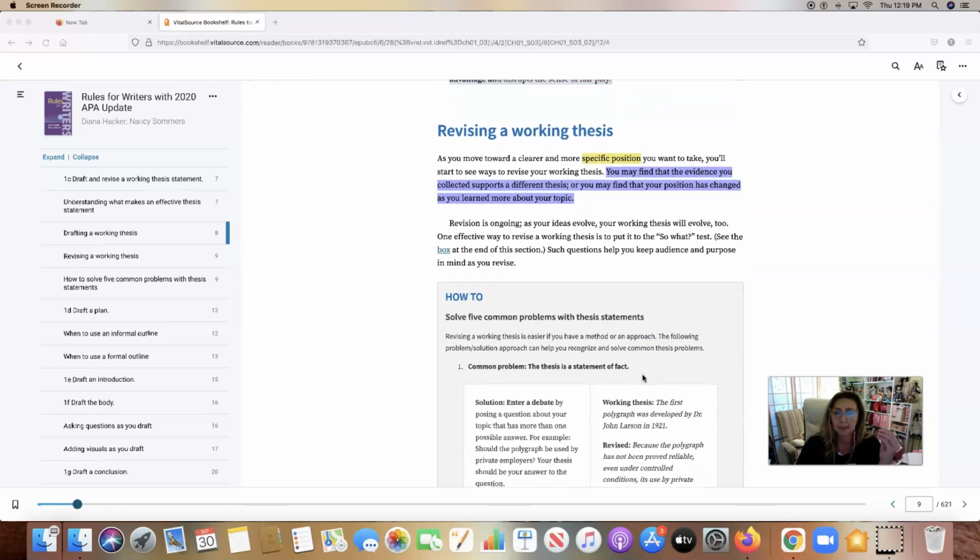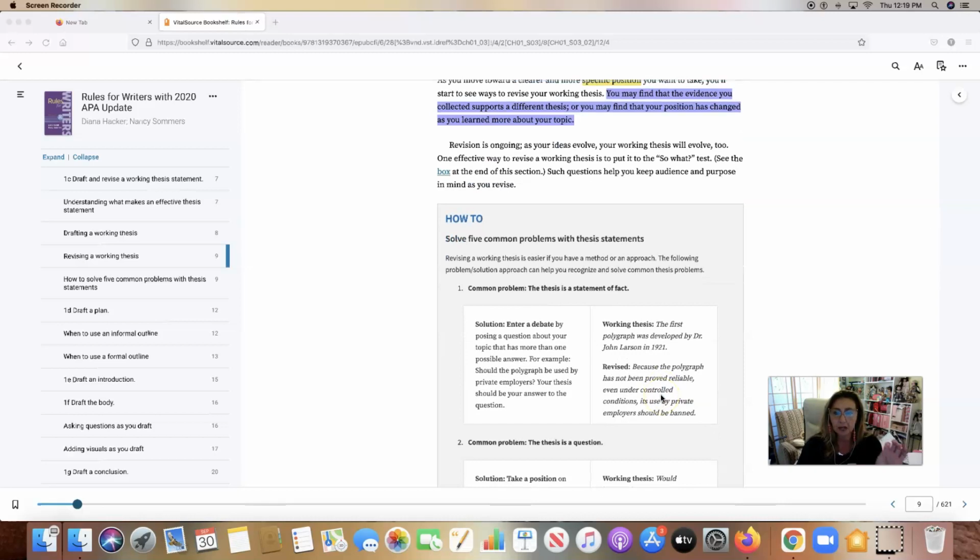There are a few common problems with thesis statements, and if you've ever gotten back that your thesis is not strong enough for your paper, or not developed enough, this is what it means. The first common problem is that the thesis statement is a fact.